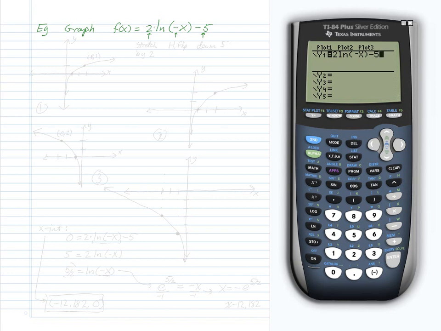Now that 2 is multiplying our basic function, the natural log, so this would reflect as a stretch by a factor of 2. Our negative inside the function, multiplying x, would manifest as a horizontal flip. In other words, we will flip that function across the y-axis. And finally, we'll shift the whole thing down 5 units.